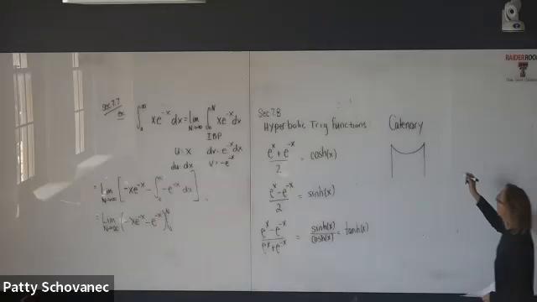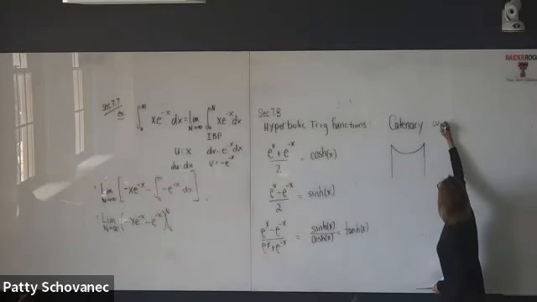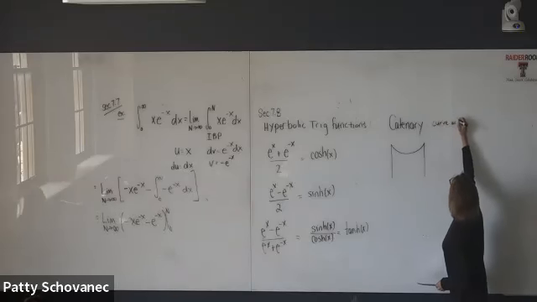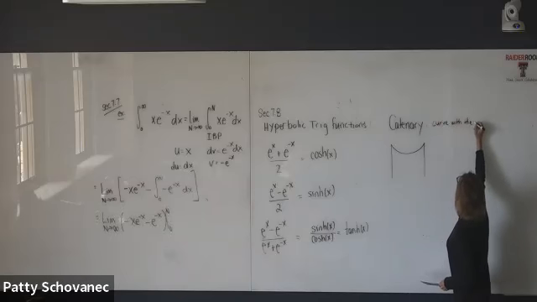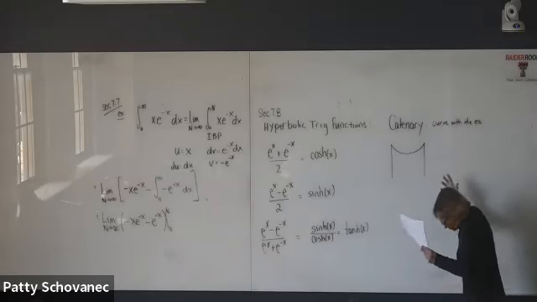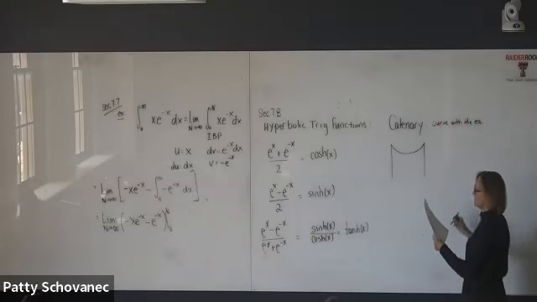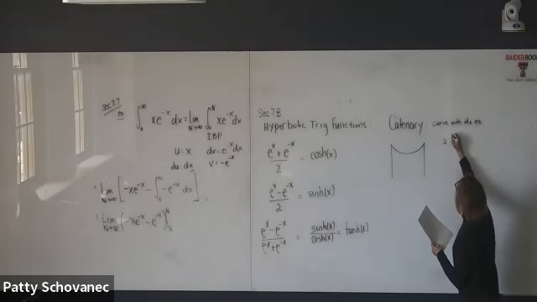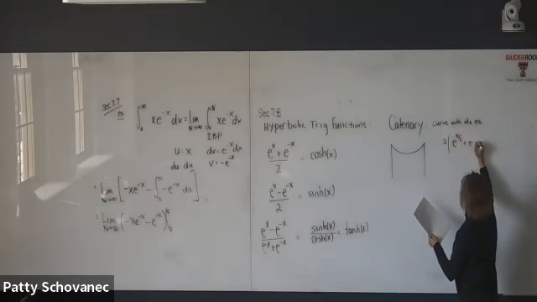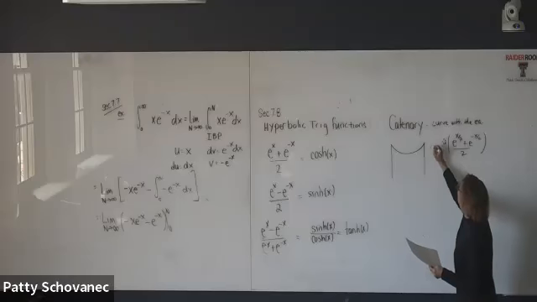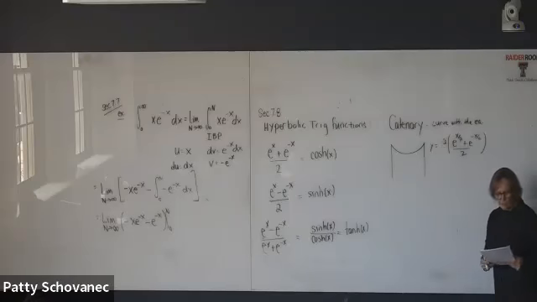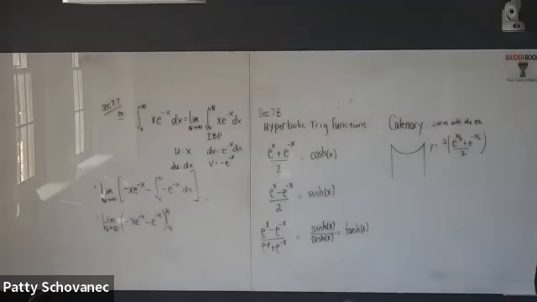This curve, the catenary, is a curve with the equation having a general form of some number a times e to the x over a plus e to the negative x over a, all over 2. That's an a, just some random constant a. So it's some version of sinh and cosh.